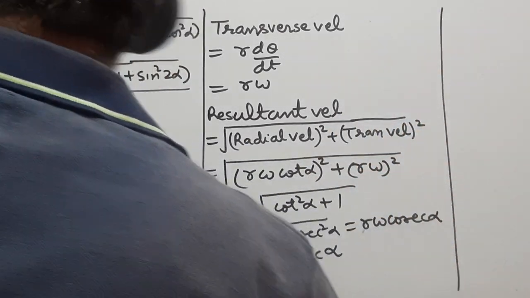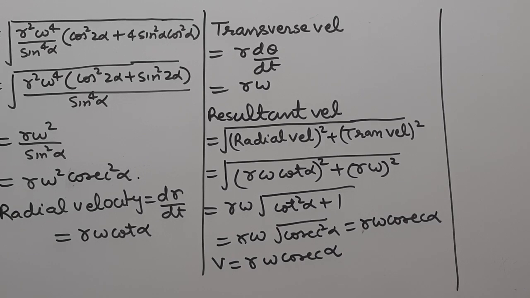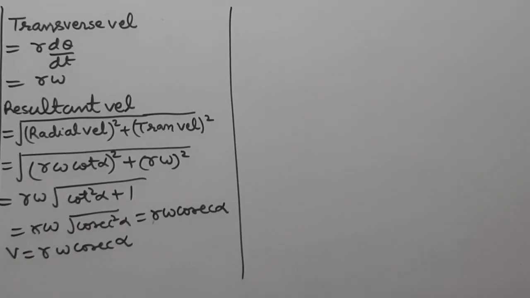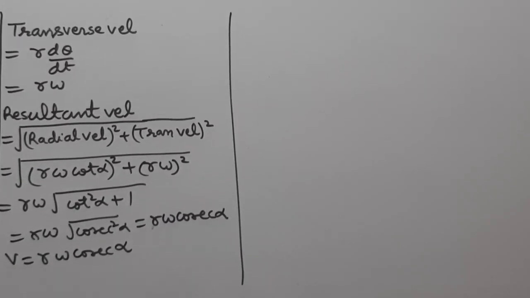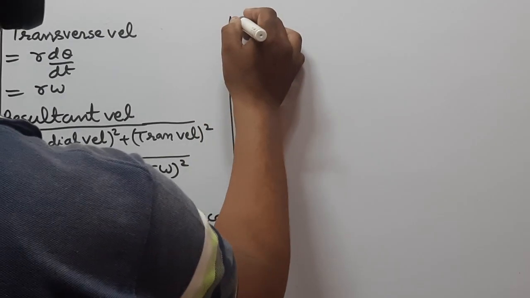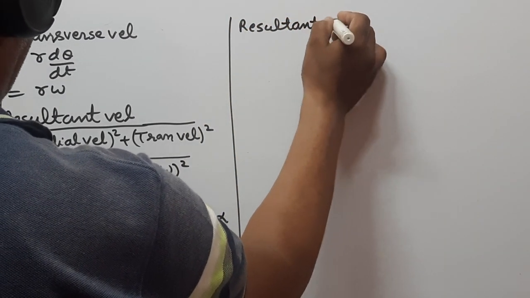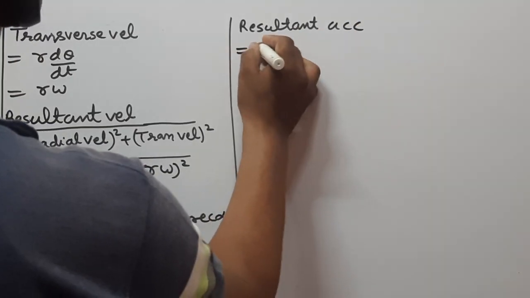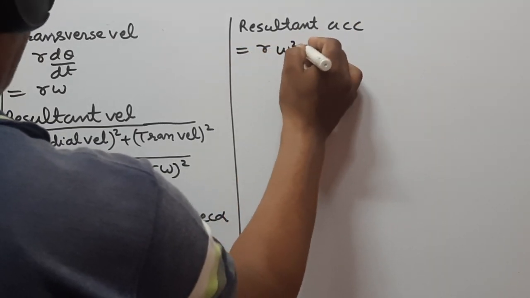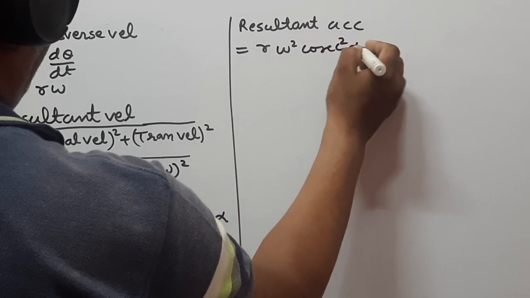Now we have to prove that the magnitude of the resultant acceleration is v² upon r. The resultant acceleration is r ω² cosec² α.